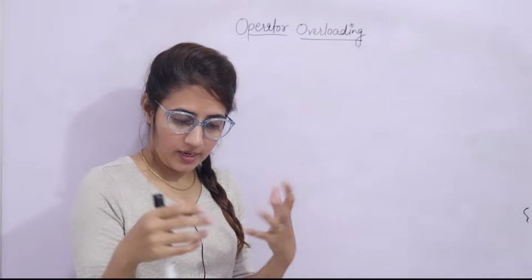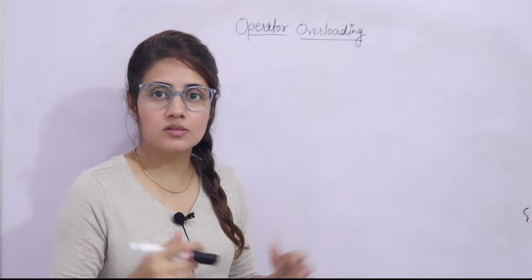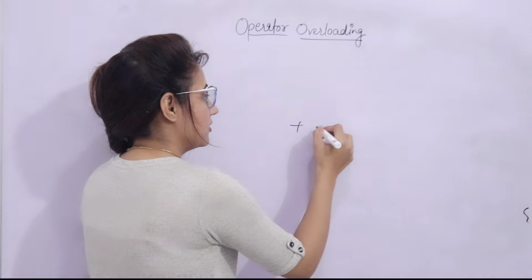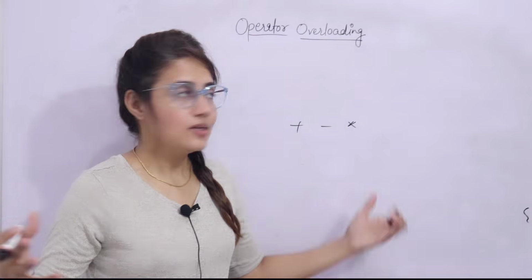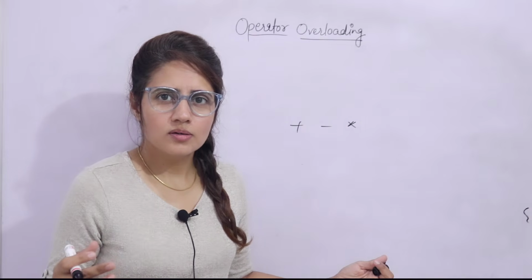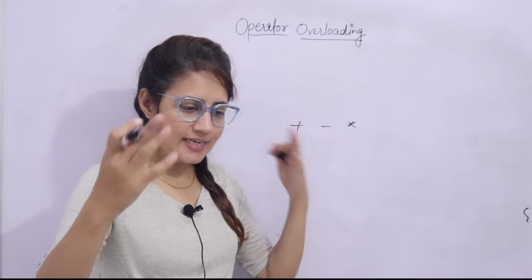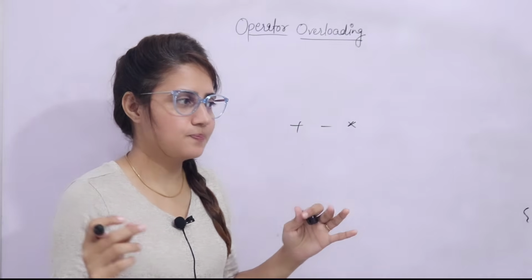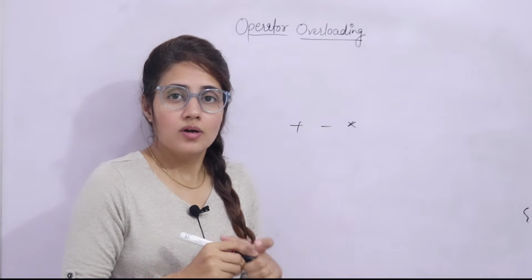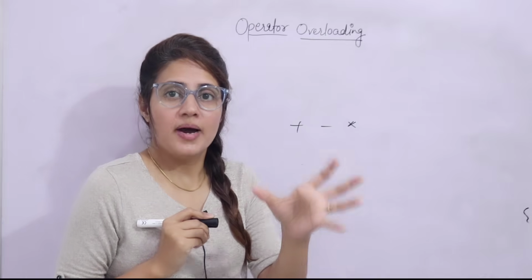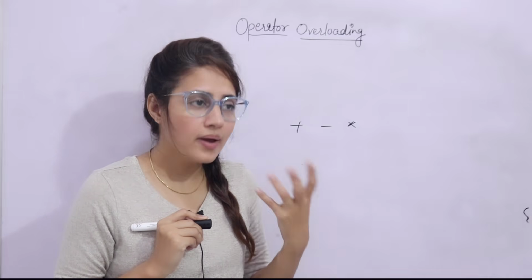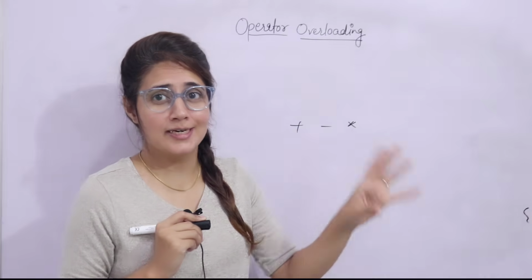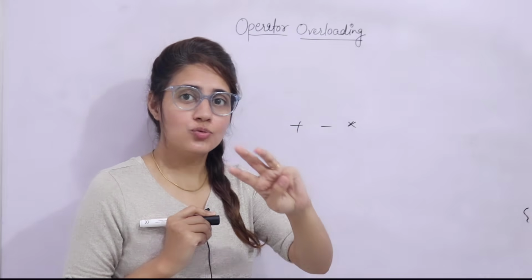See, when I say operator, what pictures come to your mind? Plus, minus, into, divide, these are operators, right? Overloading means what? Let's take a simple real life example. If I ask you the sitting capacity of a bike, how many persons can sit on a bike? You will say 2, or at max, if there is a critical situation, 3 persons.